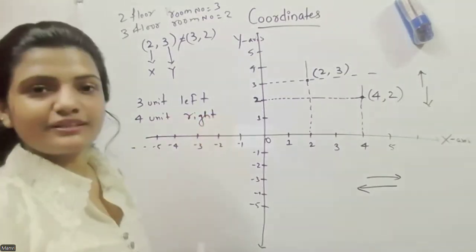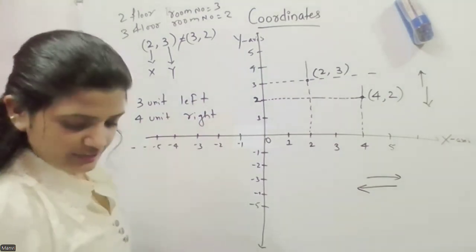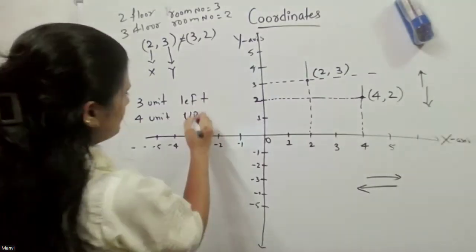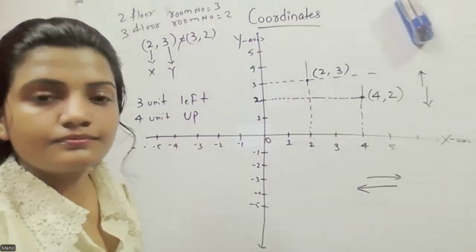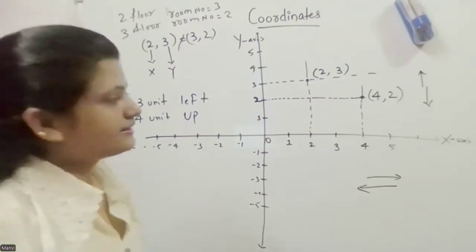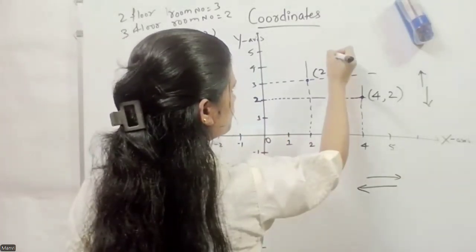Could you please tell me the coordinate of this point? It's (3, 4). It's situated somewhere here, (3, 4). Okay?